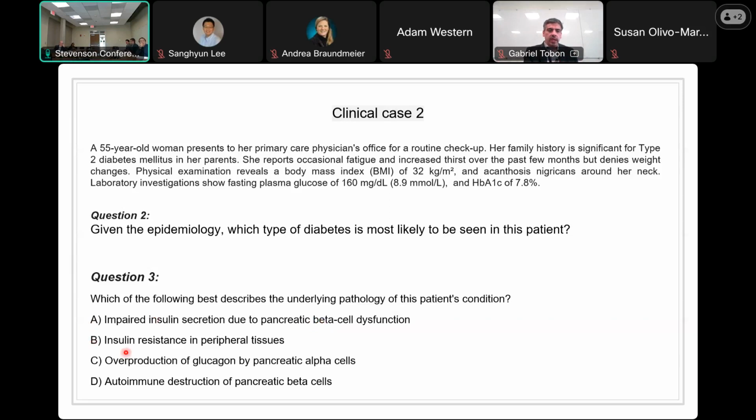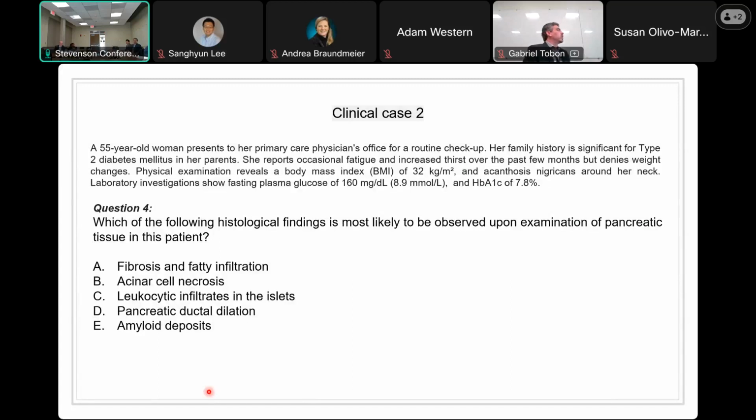And they can answer insulin resistance in peripheral tissues. And you can also challenge why the patient is not having an autoimmune destruction. And usually the students can answer that this destruction is the main mechanism for type 1 diabetes. So we are establishing the difference all the time. Then if we have a patient with type 2 diabetes, what do we expect in the pancreatic biopsy?